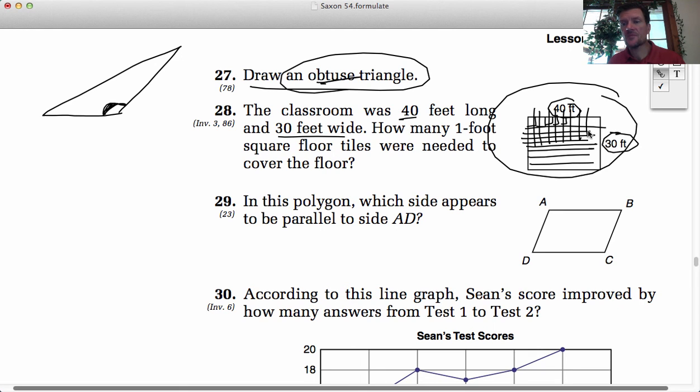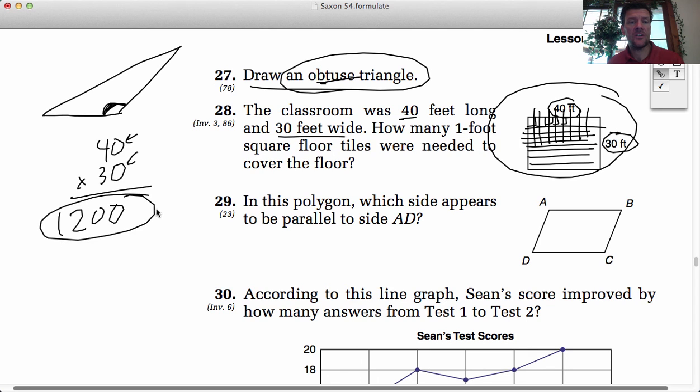So 40 times 30 is going to give you how many square tiles you need, and that's what area is. Now you notice both of these end in 0. So really you could just take 4 times 3, which is 12, and then add 2 zeros at the end, 1200 square tiles, and we write this as square feet. Okay?